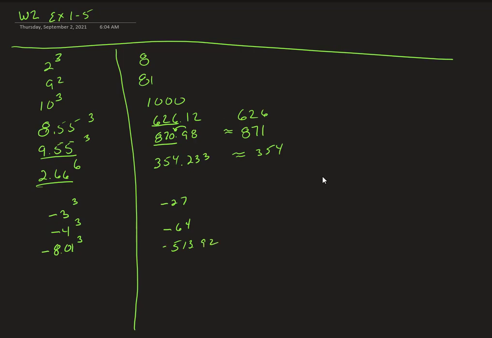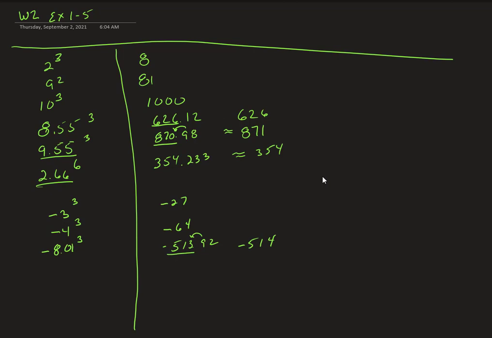We have three significant figures. We notice that the 9 is going to round up. So I have negative 514. You'll notice that every time we have a negative number, we take it to the third, it is still a negative number.